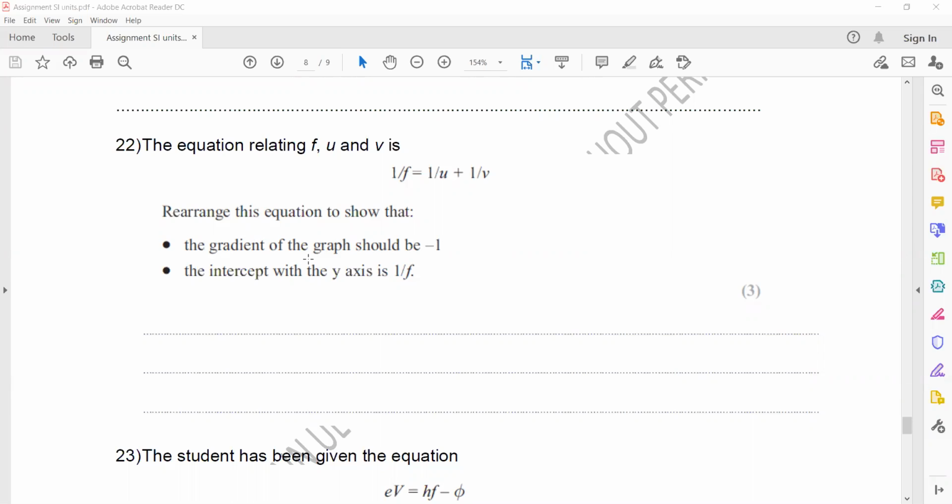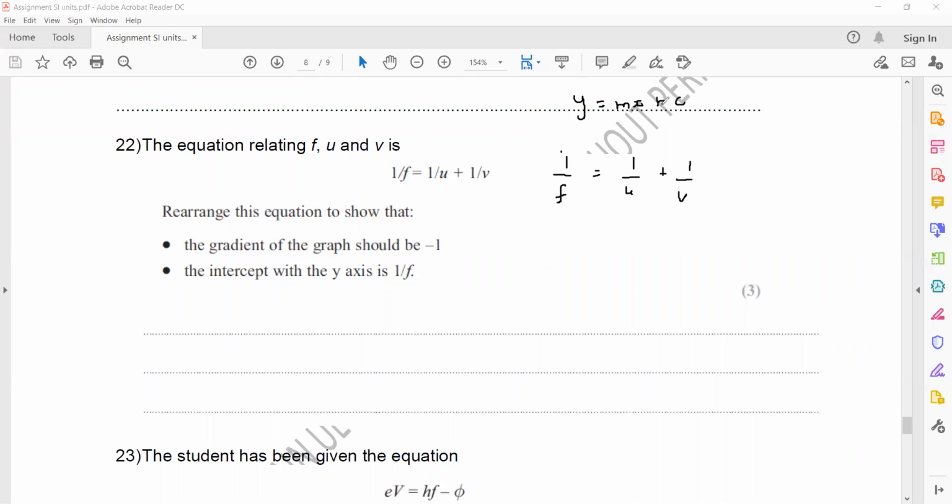So one of the quantities should be on the x-axis, the other quantity will be on the y-axis. So if we rearrange this equation, we have 1 over F is equal to 1 over U plus 1 over V. We want y because the equation of a straight line is y is equal to mx plus c.